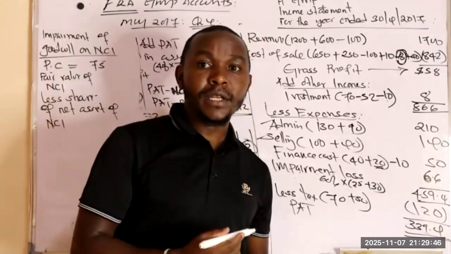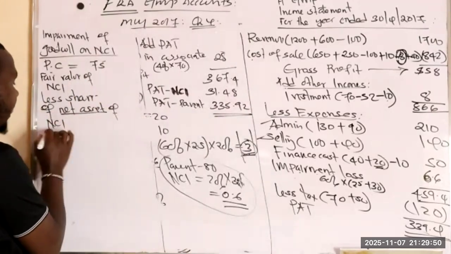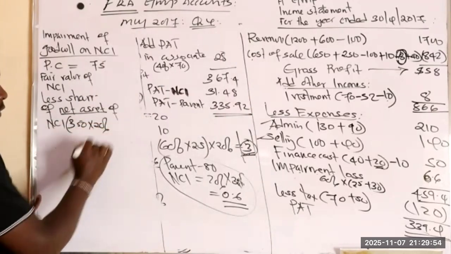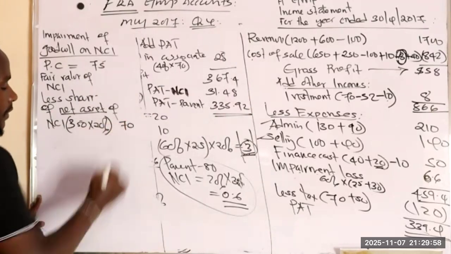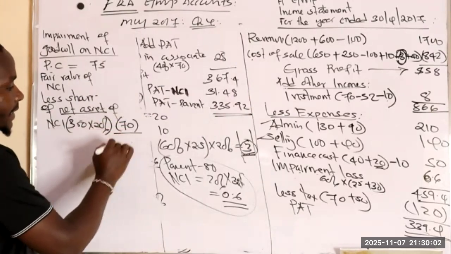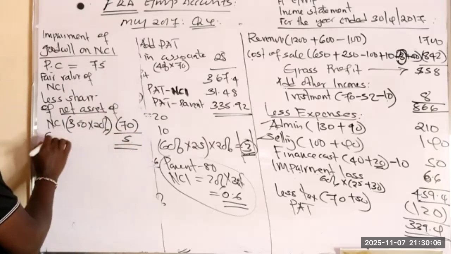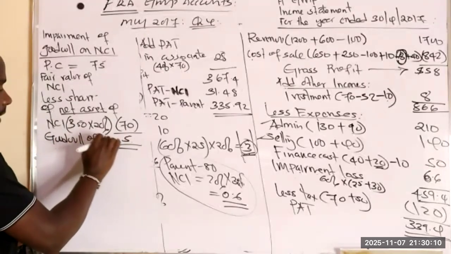Ukiangalia hapo goodwill tulikuwa tumepata. So the total net asset share was 350. Take 20%, what does it give you? 70. So if you take this minus that, you get 5 as a goodwill. This is the goodwill of NCI.